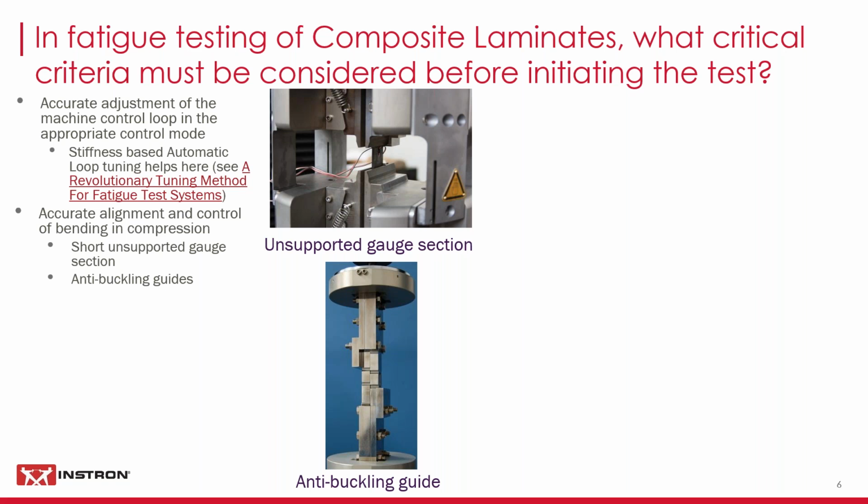So you've got the short unsupported gauge section where the geometry of the test piece will prevent it buckling, the dimensions, or you can have a long, relatively thin specimen, and then surround that by some kind of guide to prevent it buckling. Although the anti-buckling can be problematic in terms of fretting, might need things like PTFE coatings to reduce friction.